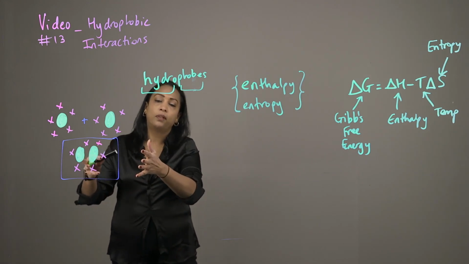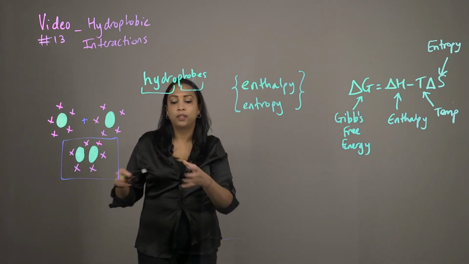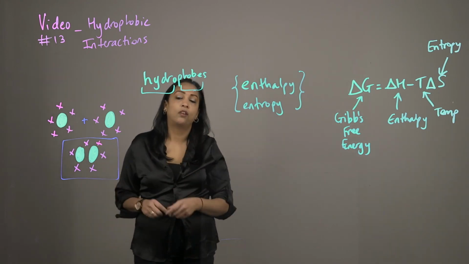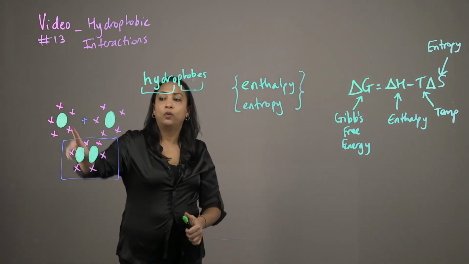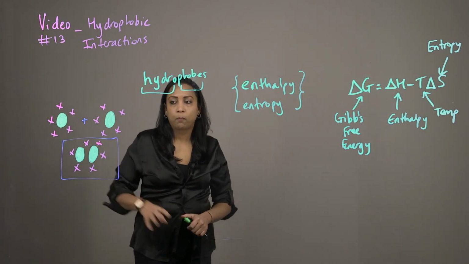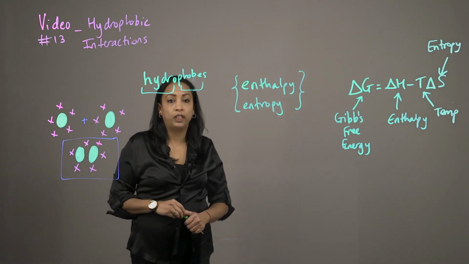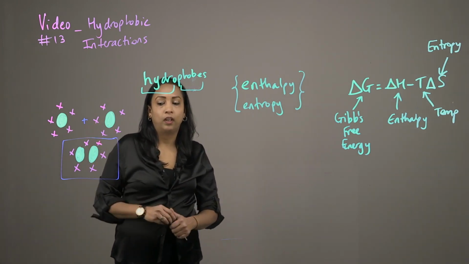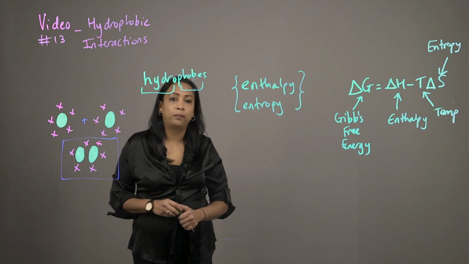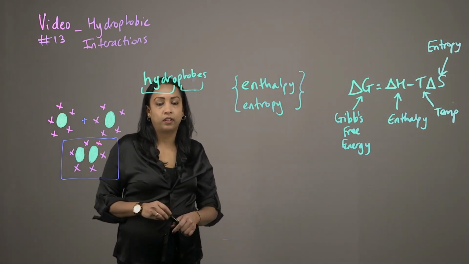So take, for example, this image here. This indicates that when the hydrophobes come together, they will have less contact with water. So the large circles indicate, let's say, an oil or fat droplet. Initially, we have a fair amount of water molecules surrounding each one, in this case 5 and 5. When the fat droplets come together, we see that there is less interaction in all.